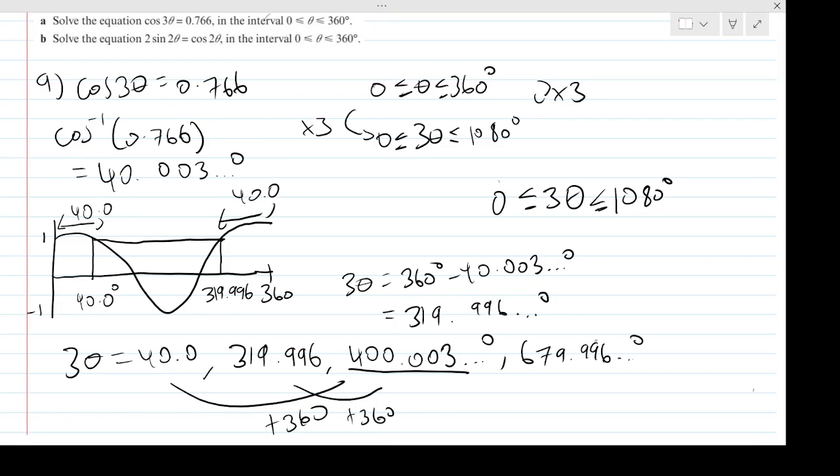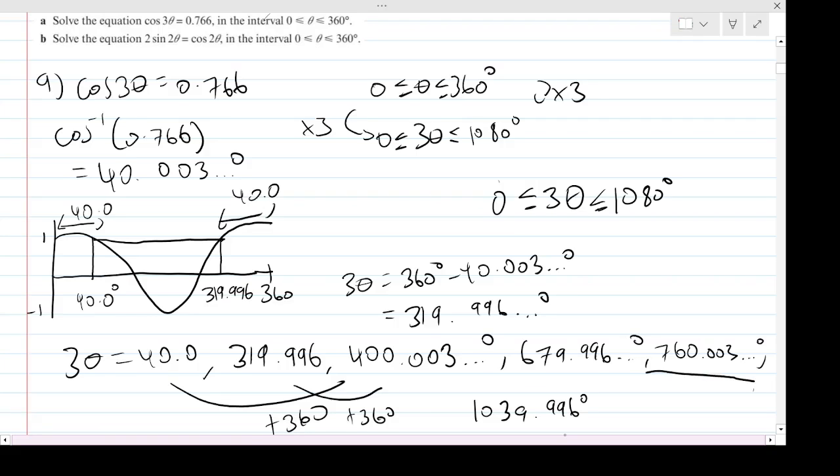That gets me 760.003. And then if we add 360 to the next solution, we get 1,039.996. And then if we added 360 to this solution, 760.003, we would get 1120.003.